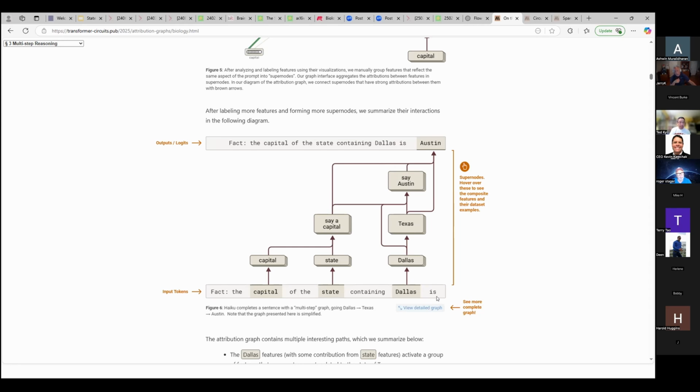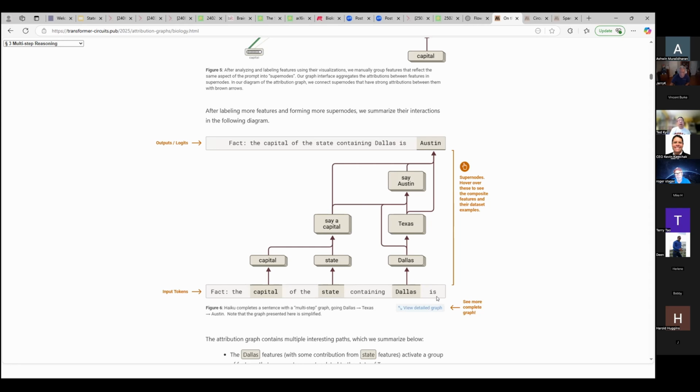It just knows that, right? If you said, what is the capital of the state that San Francisco is in, the model might just know it's Sacramento. It doesn't necessarily even need to think about what state it is. It just knows that San Francisco and Sacramento have that relationship.